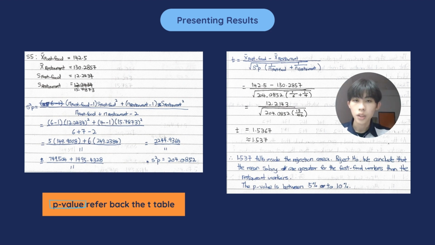After that, we need to use the S squared p to help us calculate the t-value. The t-value is calculated by x bar of fast food minus x bar of restaurant, divided by the square root of S squared p times 1 over n fast food plus 1 over n restaurant. So we will get 142.5 minus 130.2857, divided by the square root of 204.0852 multiplied by 1 over 6 plus 1 over 7.